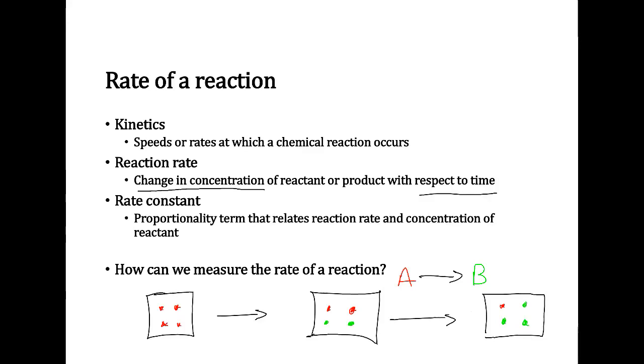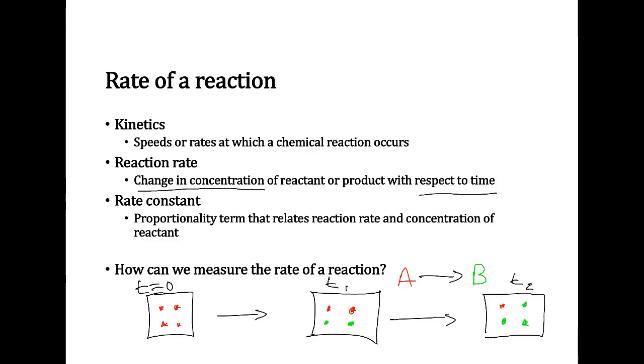So we look at this schematic down here at the bottom. This first box represents time 0, and then the second box represents time 1, and then time 2. So we can't really look at a reaction at the molecular level with our eyes, and say, okay, well, we started with 4 molecules of A, and then we're going on to form some amount of B. But you can see here that you can start to take into account how fast this change is occurring.